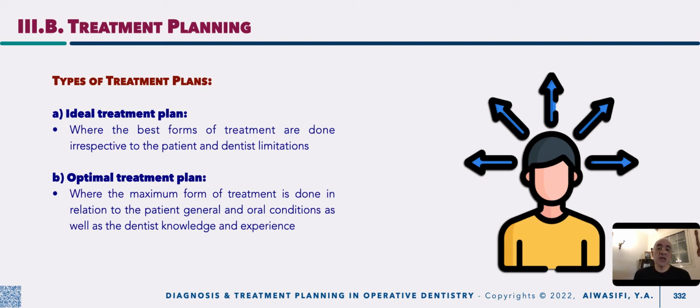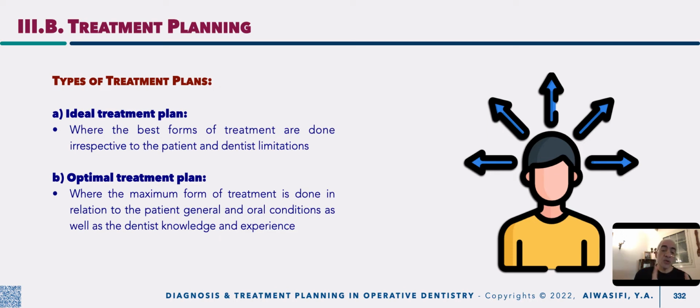He would like to know how to perform this under the supervision of a consultant or instructor. At the same time, the patient limitations are nothing, because the treatment is offered for free. That's why it is the only situation where the ideal treatment plan is applied.